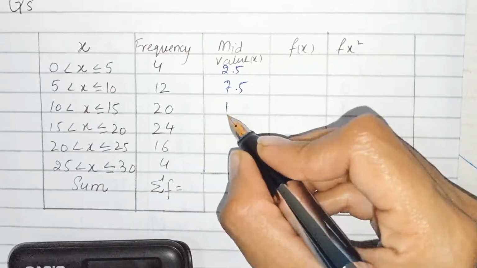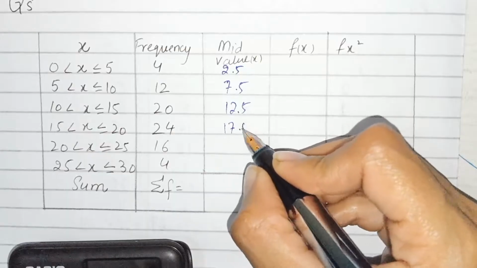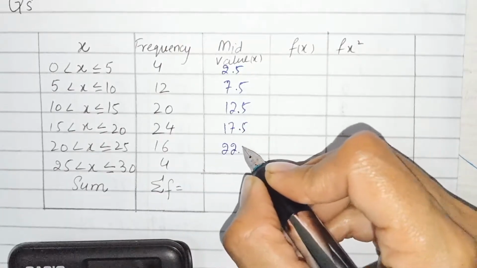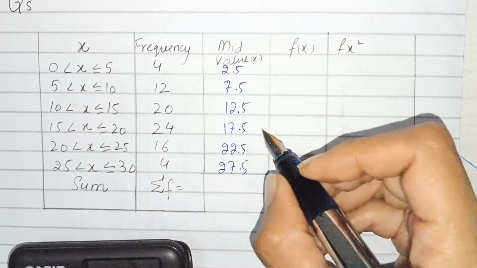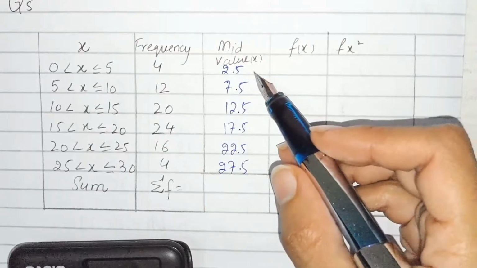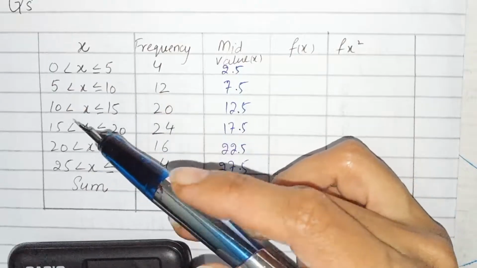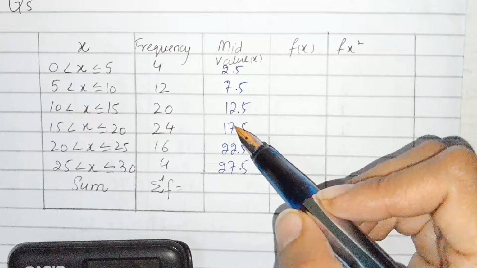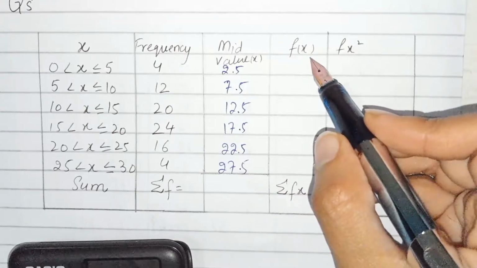And yes students, the next midpoint is 12.5, then 17.5, then 22.5, and then 27.5. The midpoint is the value of x. To solve this we have to find the midpoint. And now we have to find the value of fx.